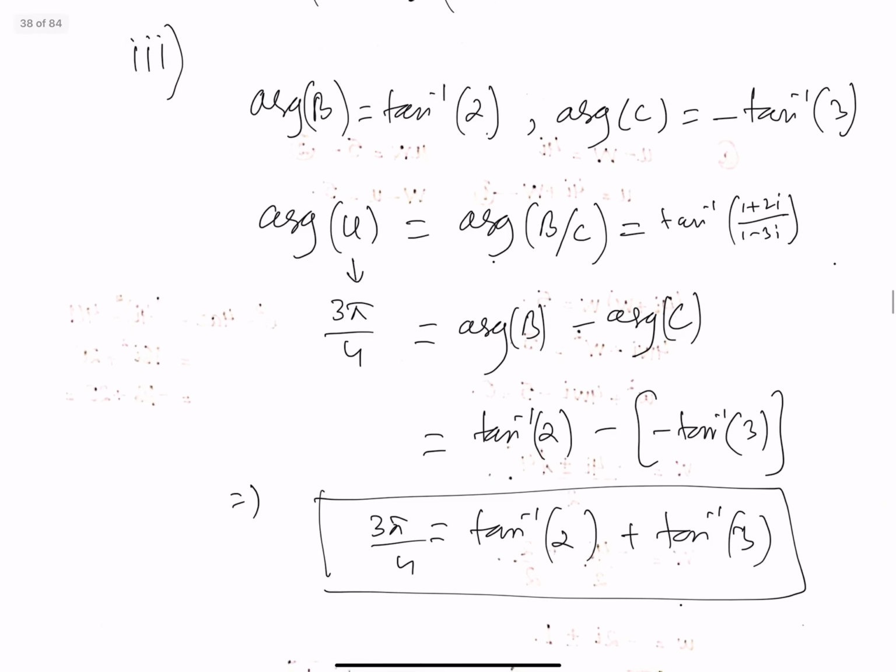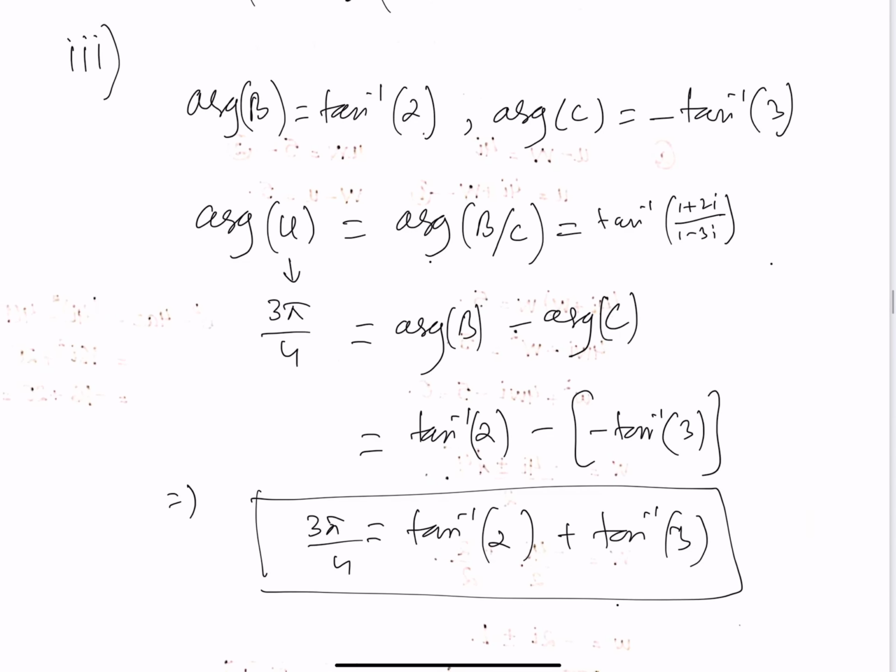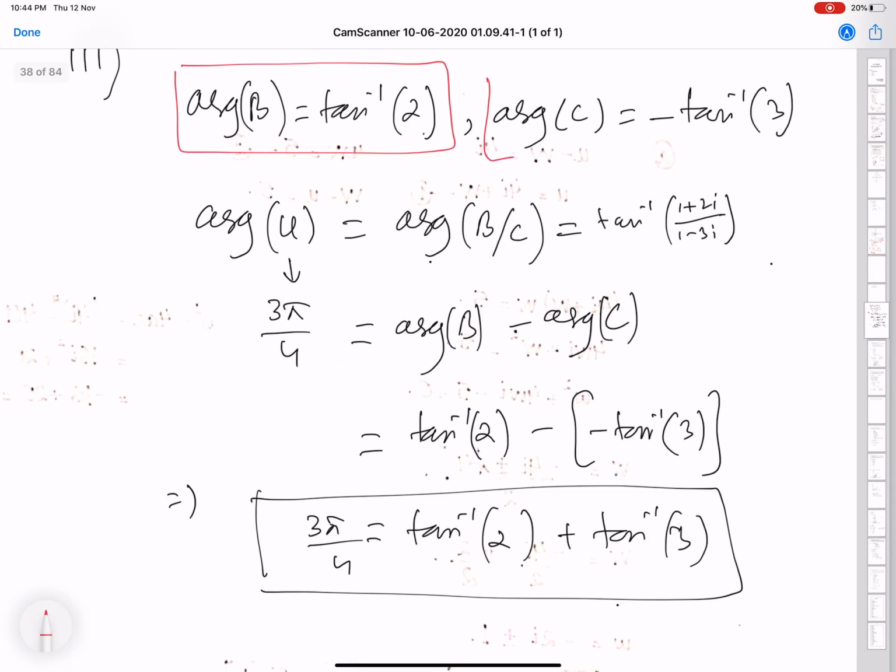See here. Well, argument B is tan inverse 2, and you can leave this part as well. It's fine. Argument B is tan inverse 2. Argument C is minus tan inverse 3. Why?